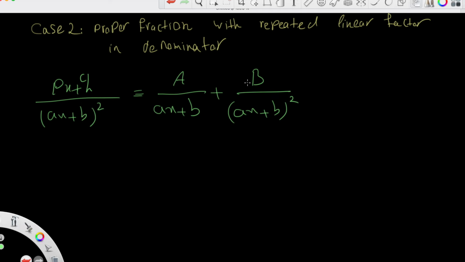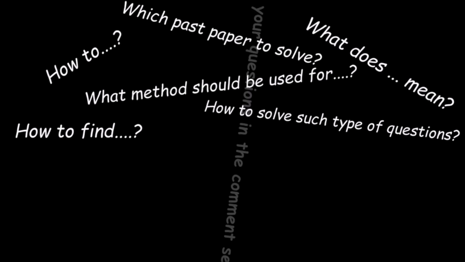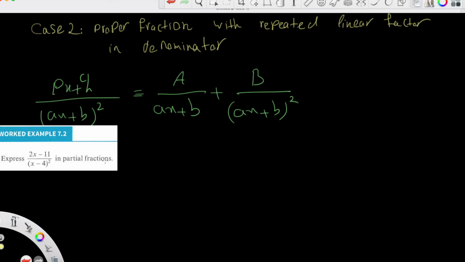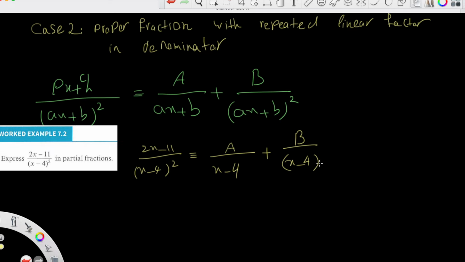Now let's look at one example. Example 7.2, express 2x minus 11 over x minus 4 squared in partial fractions. So it will be a over x minus 4 plus b over x minus 4 squared.